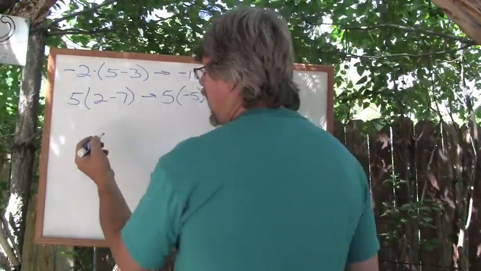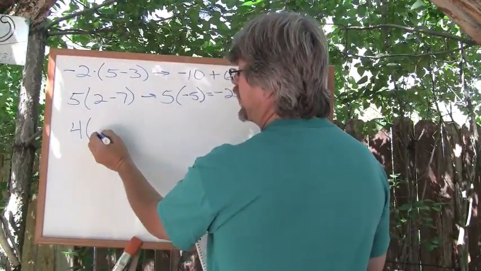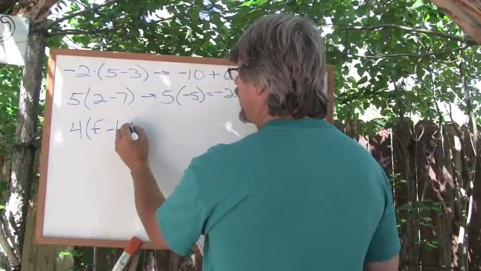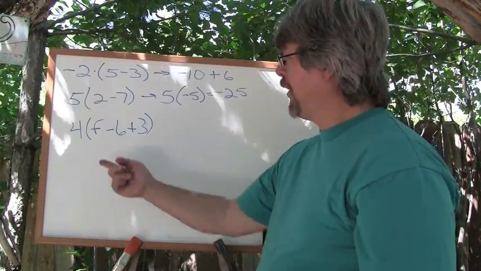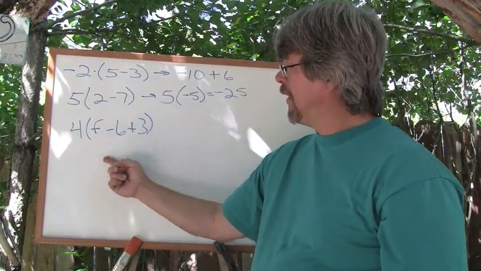Oh, let's do a combination here. I deliberately made this one so that I could show you a combination. 4 times F minus 6 plus 3. Now this shows you how you combine both the numerical coefficients as well as the variables.